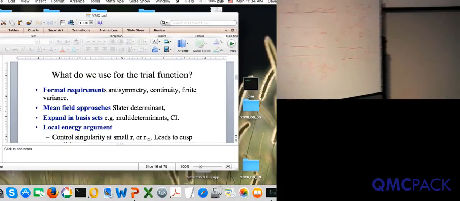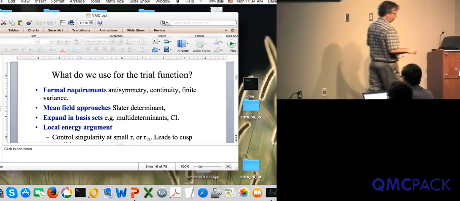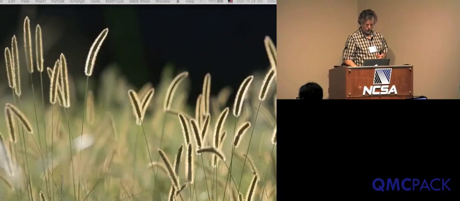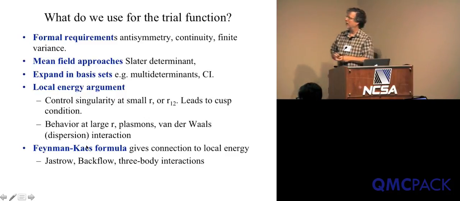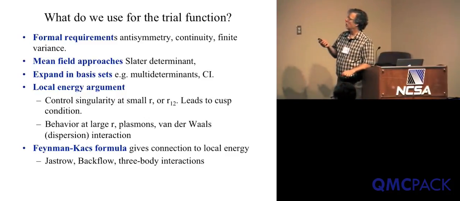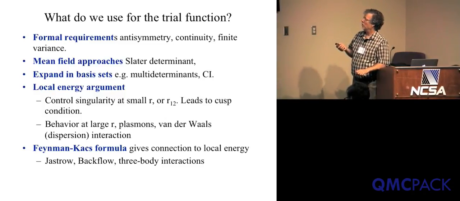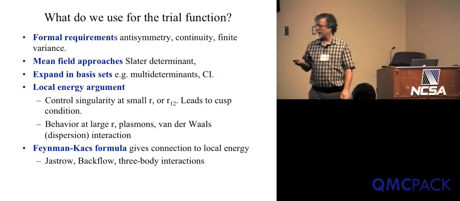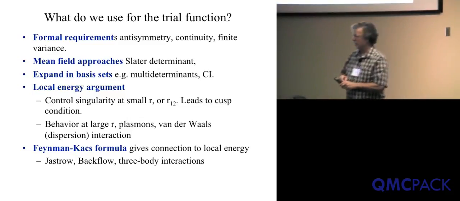We do it by what's called a Jastrow wave function. We want to control the singularity at small r_12, which leads to the cusp condition, and you can do that based on this local energy idea.